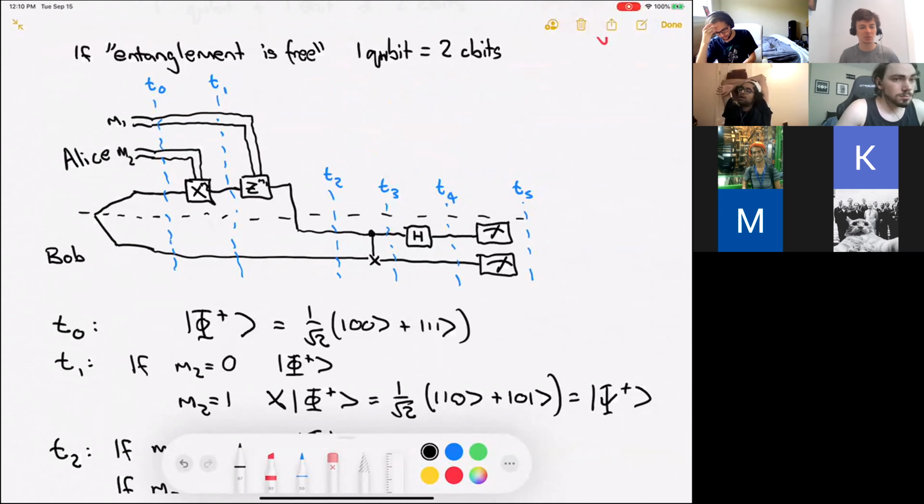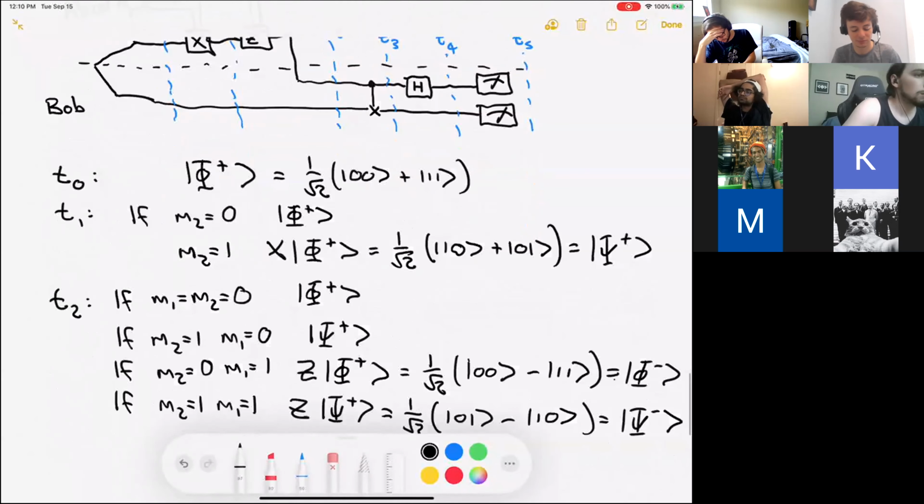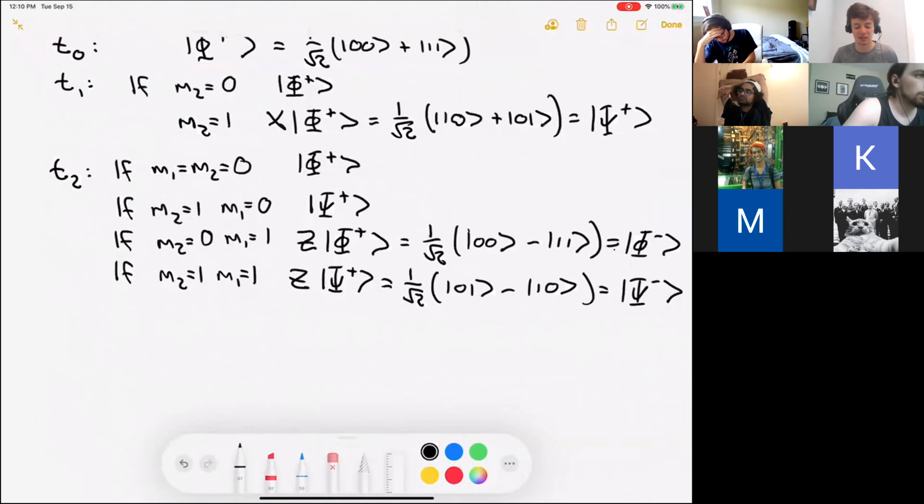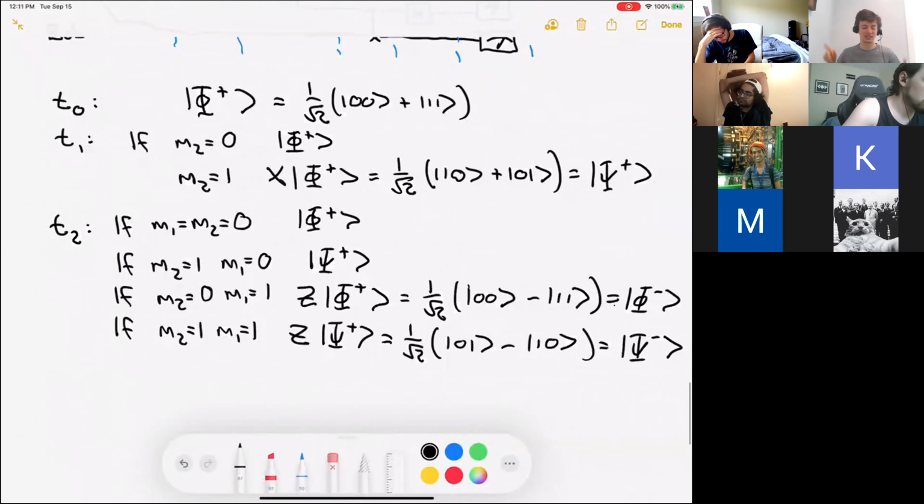And that means, in principle, he can do a measurement in this Bell basis that will be able to distinguish all 4 states, and he'll be able to work out exactly what M1 and M2 were. Okay? The rest of the circuit is just because it's convenient, rather than having to talk about measuring in this entangled basis, to convert things so that it ends up being in the computational basis. Okay?